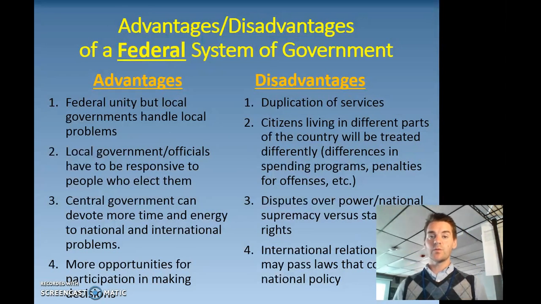A great example of that would be the legalization of drugs in states, like I said, like Washington and Colorado and elsewhere. Technically, the federal government doesn't want that to happen. But these state governments have come along and said, you know what, we're going to do it anyway, and then just see what the federal government has to say about that. So there's some disagreements that occur there. And obviously another great one would be the issue of slavery, which then obviously led to the Civil War. That was a huge struggle between state governments and the national government.